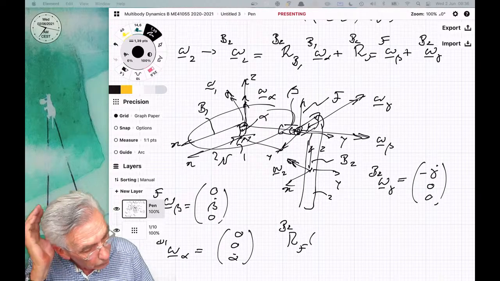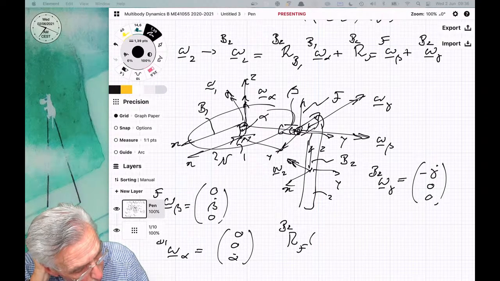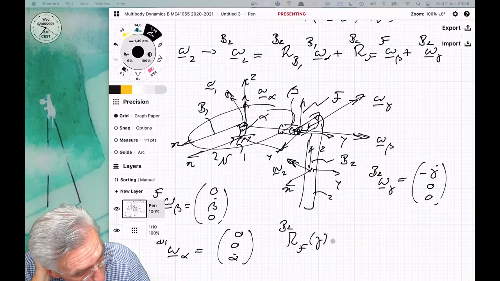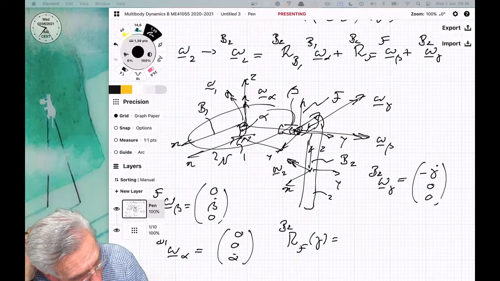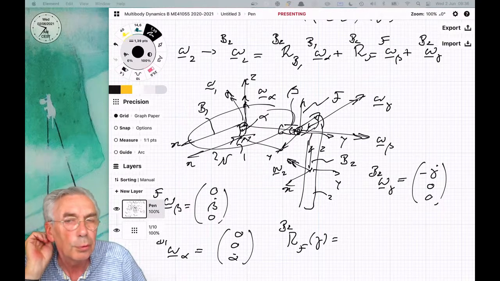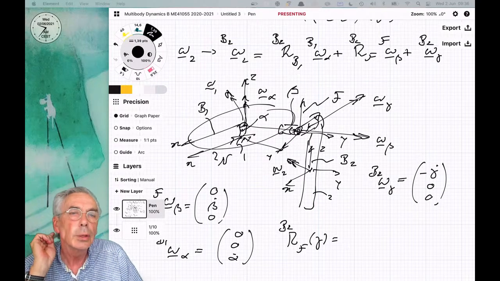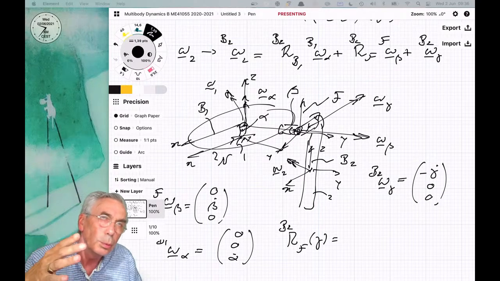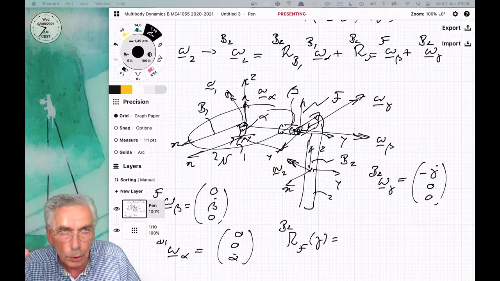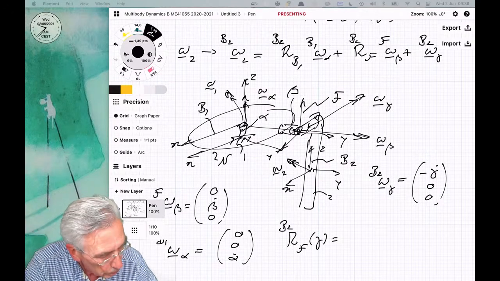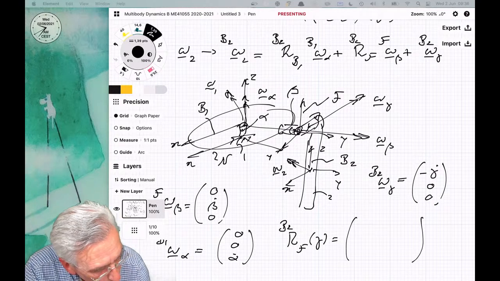And of course that is a function of gamma only, right? But notice it's not from B2 to F, but it's from F to B2. So it's not the one we usually do from the local to the inertial, but now it's the other way around. But that doesn't matter. We can just write that down.